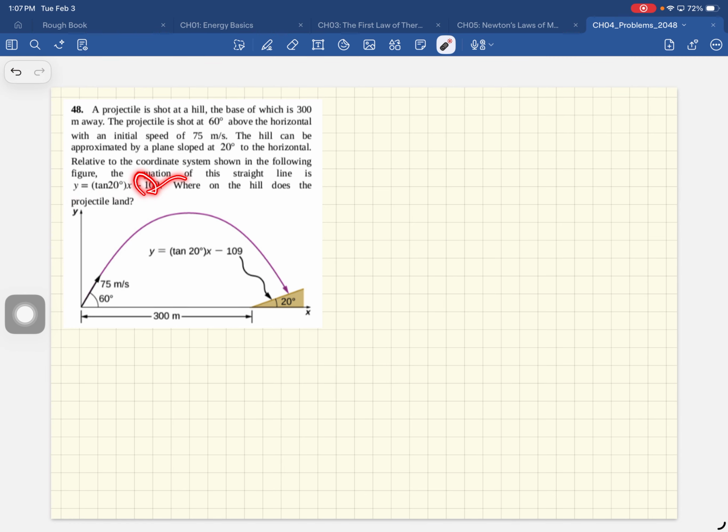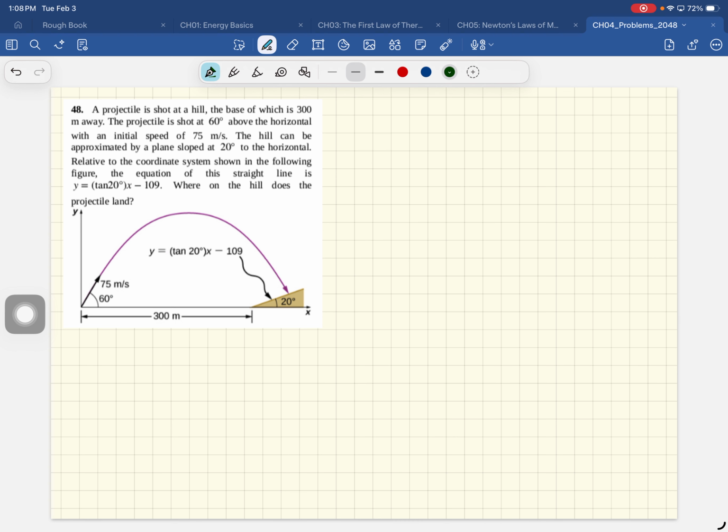The y-intercept is minus 109 meters. Where on the hill does the projectile land? Okay, so they're asking you for the x and y coordinate of this point. Did you guys understand that?